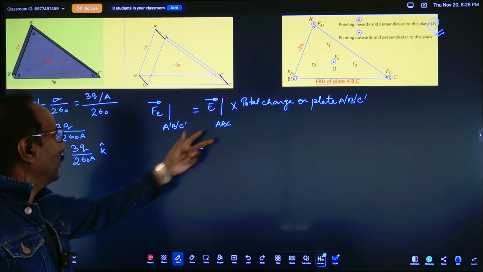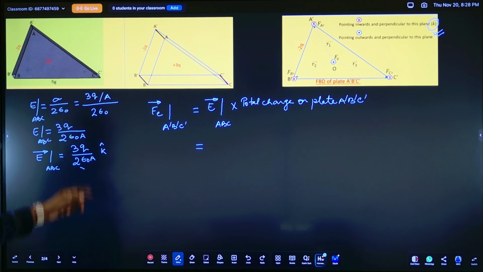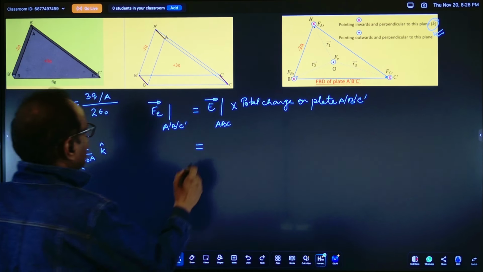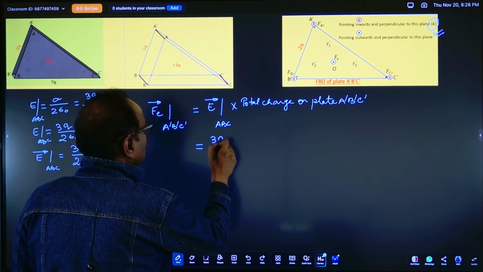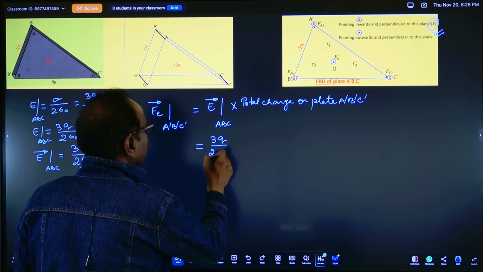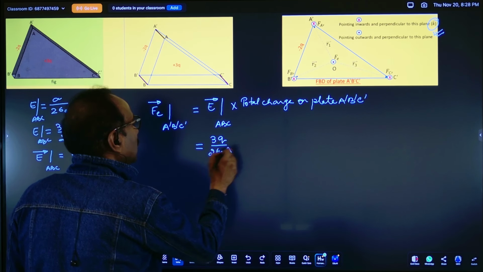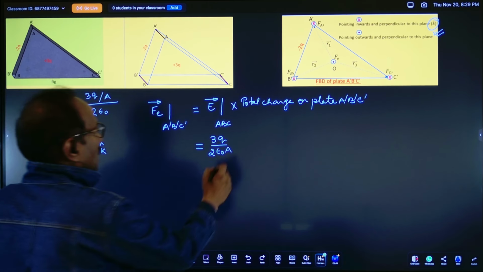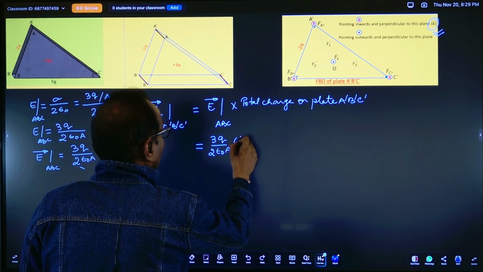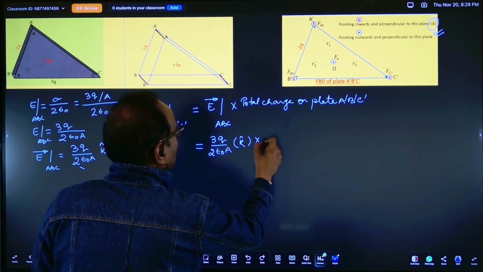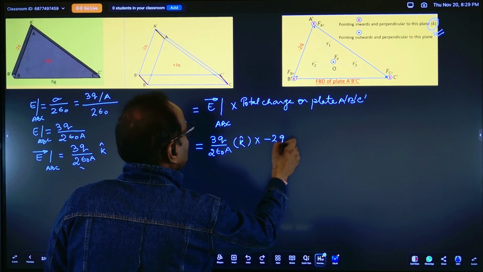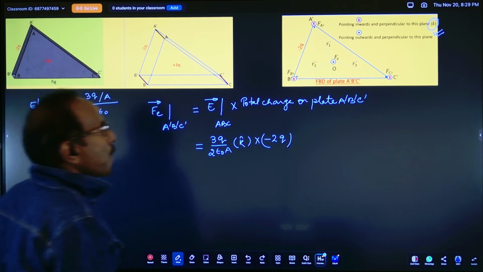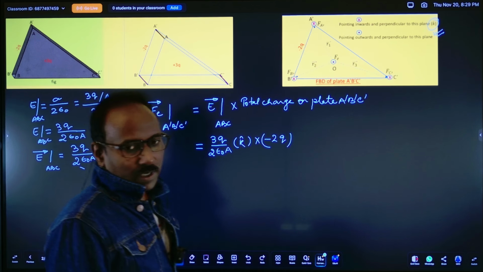So you can write 3Q by 2 epsilon naught A into k cap, and this charge is minus 2Q, the total charge on plate A prime, B prime, C prime.